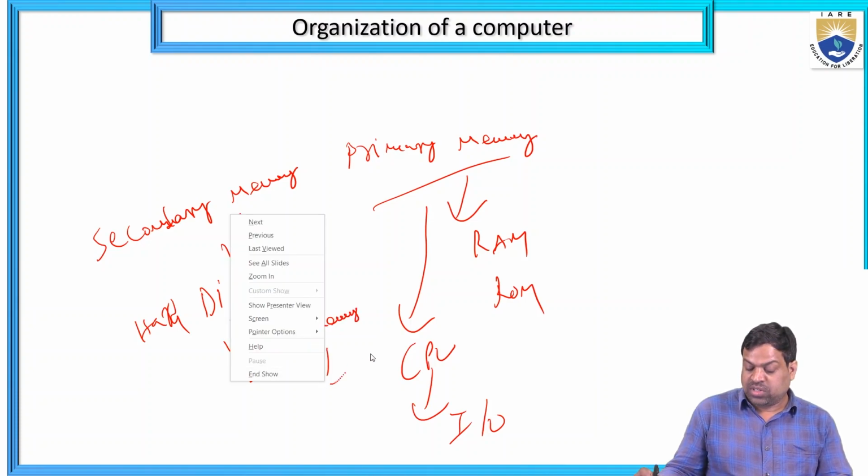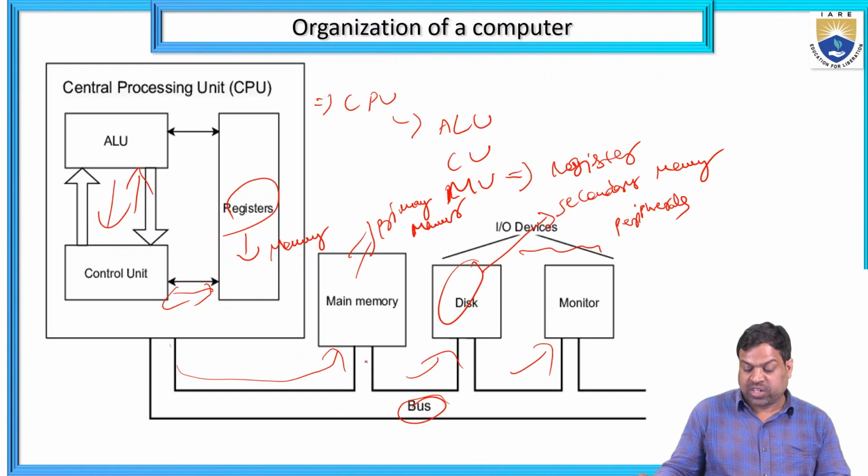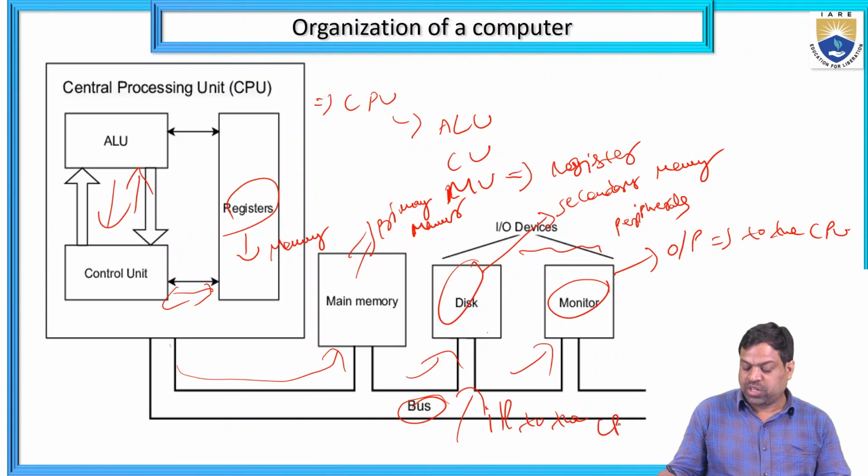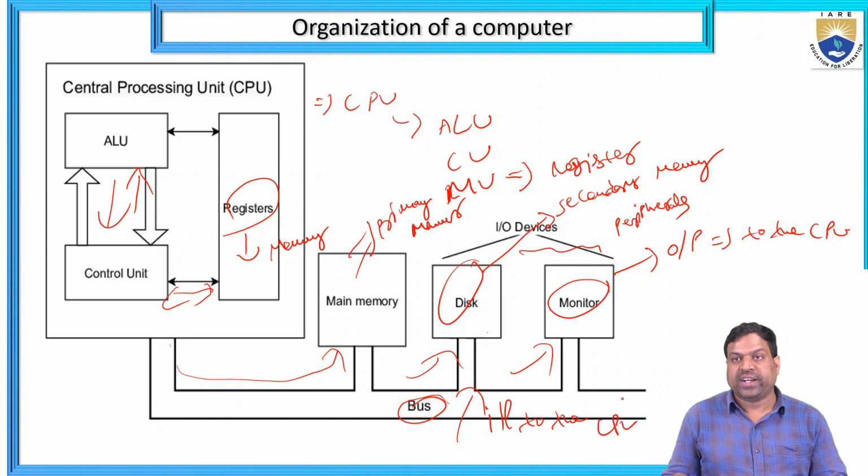Okay, so these external memories are connected to disk or monitor. This monitor is an output of the CPU, and the disk is the input to the computer. So input and outputs are internally connected.